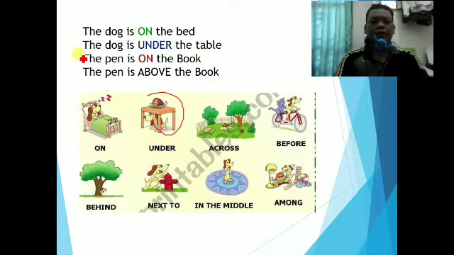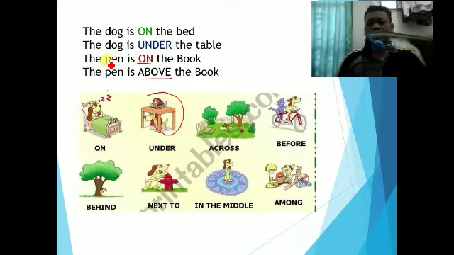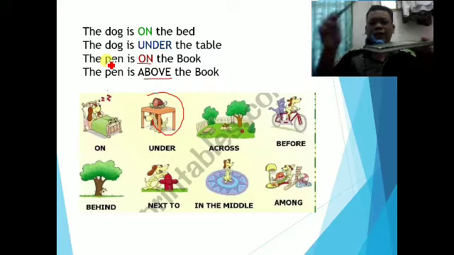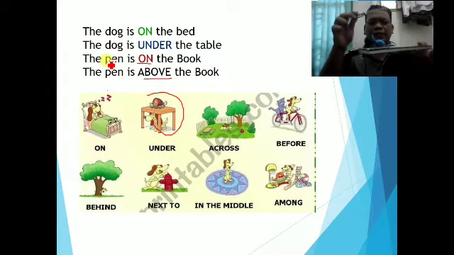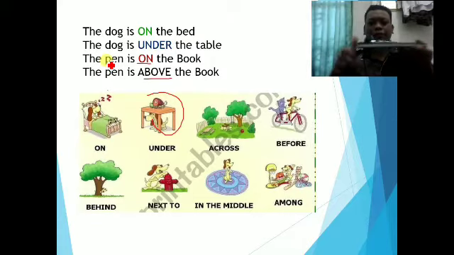Okay, here I gave you small illustrations related to the difference of on and above. Sama-sama di atas, dua ini berarti on and above. So the first sentence is the pen is on the book. This is a book, and this is a pen. The pen sticks on the book like this.